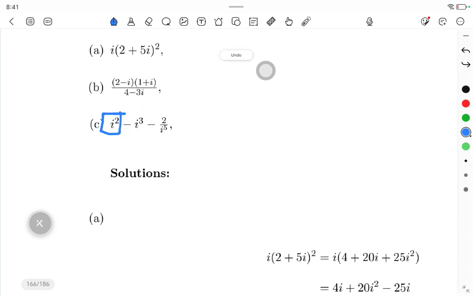We can even try to simplify it like this, right? If we check, this is minus 1 minus 1 i minus 2 over minus 1 i. It is simpler to simplify it like this. Then this will just be minus 1. This will give us positive i minus 2 over i.